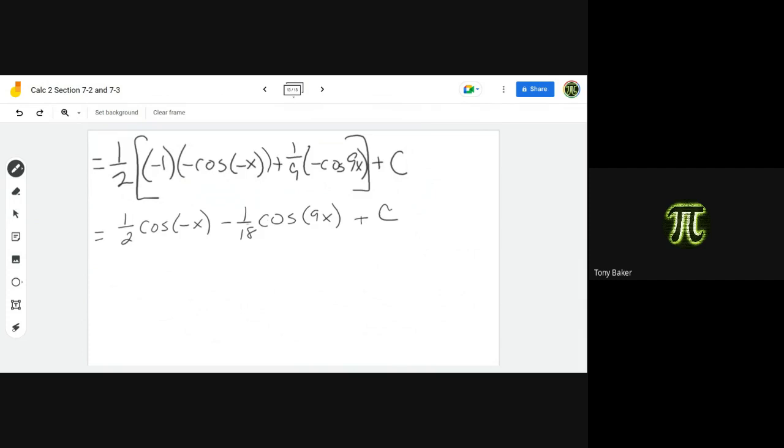And since cosine is an even function, you just take the negative away.